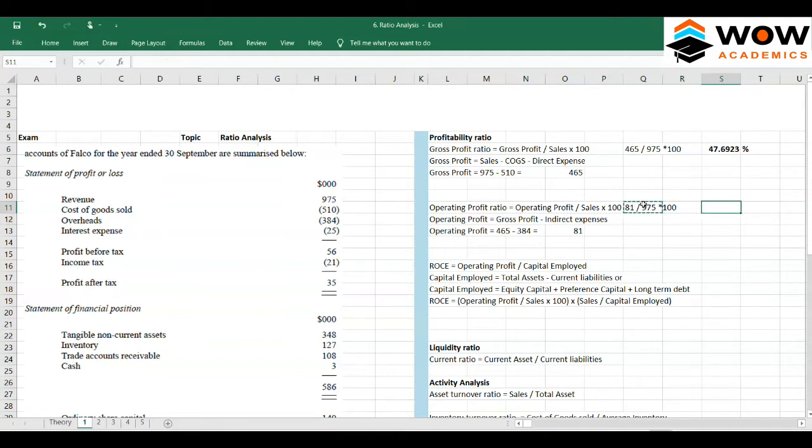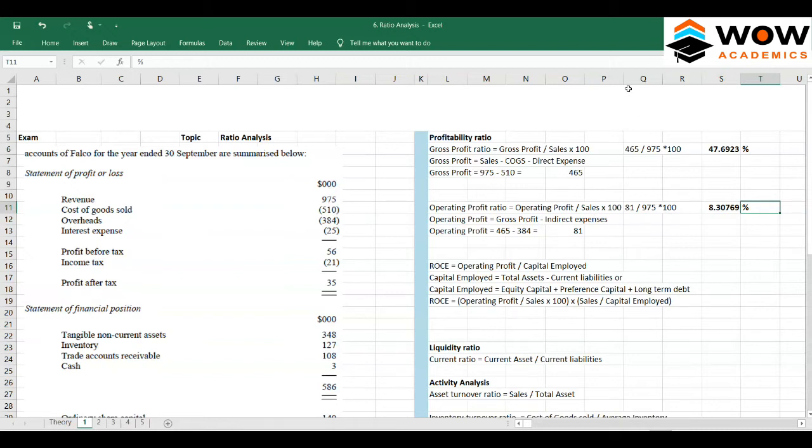So let's get the answer here. We got 8.33 as the answer here. From gross profit we deducted the overheads, so we got the answer as 81 and we have found this out.